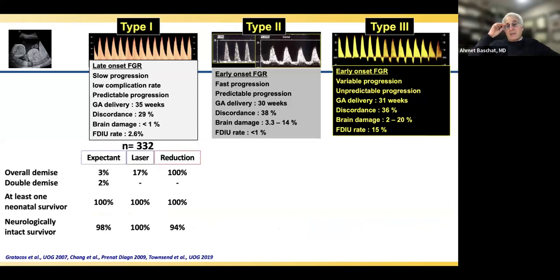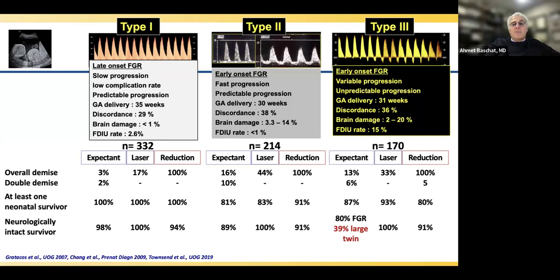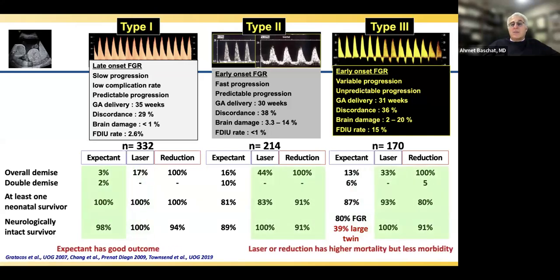A large meta-analysis compared the outcomes with these 3 strategies, and these are summarized in these tables and basically show that the higher or the more abnormal the umbilical artery Doppler, and particularly when you get type 3 sFGR, there's an increasing rate of compromise in the twins with expectant management. And when you look at laser and selective reduction of these pregnancies, it has a higher mortality because obviously when you do a selective reduction, the co-twin always passes away.